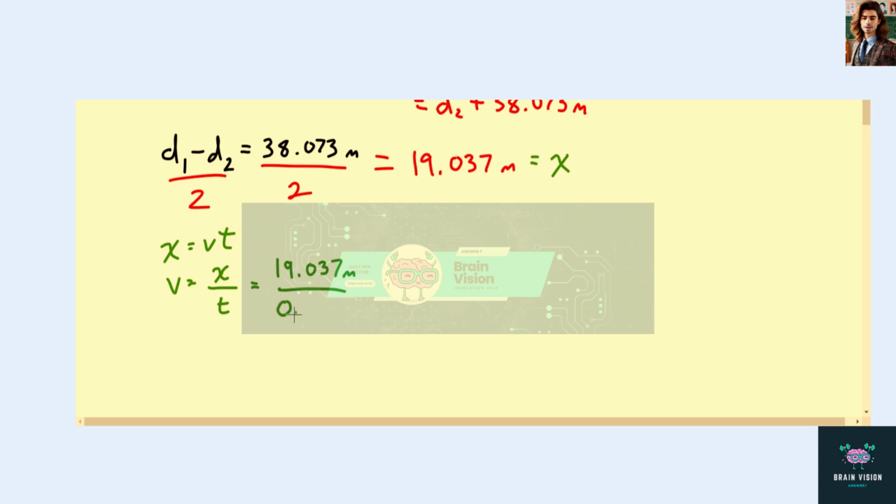That was the difference in time from when the first pulse was sent and the second pulse. So the front end of the car moves about 19 meters from the first to the second pulse, about 0.45 seconds. Plug that into our calculator, and you'll get about 42.3 meters per second.